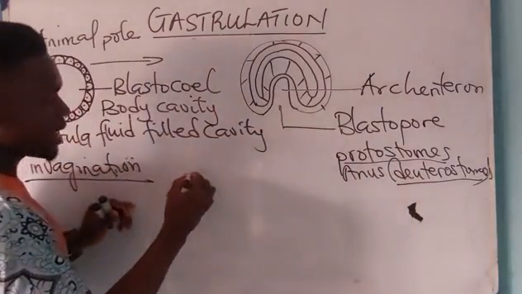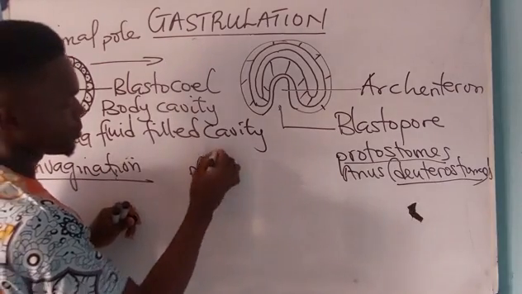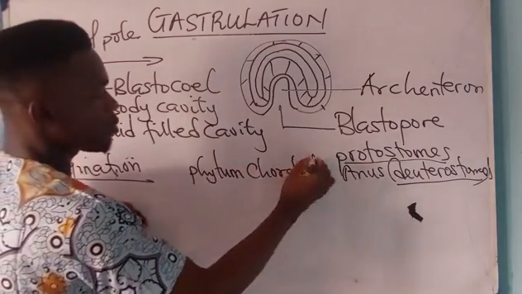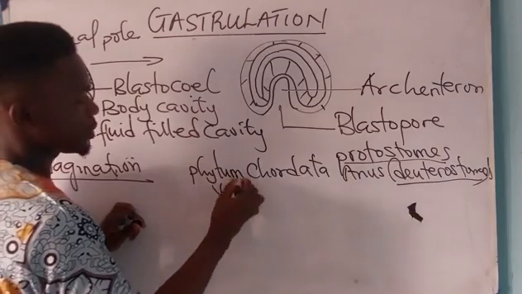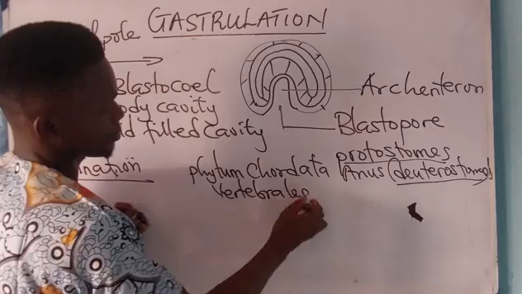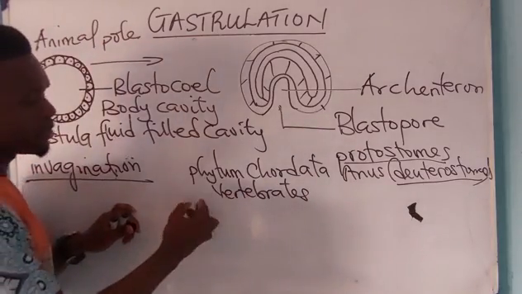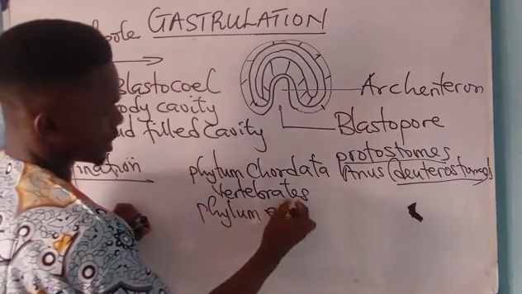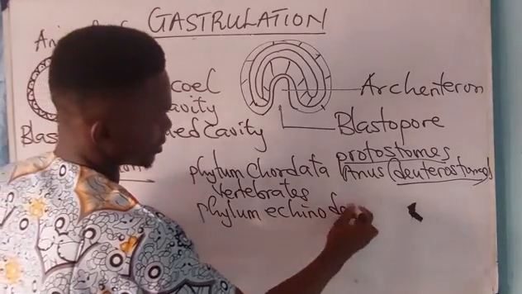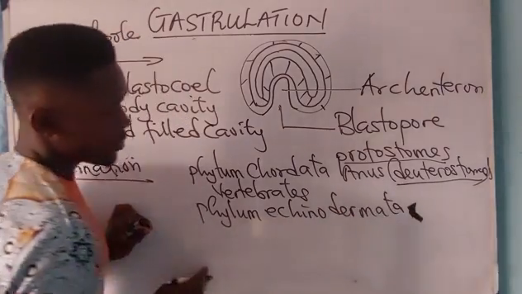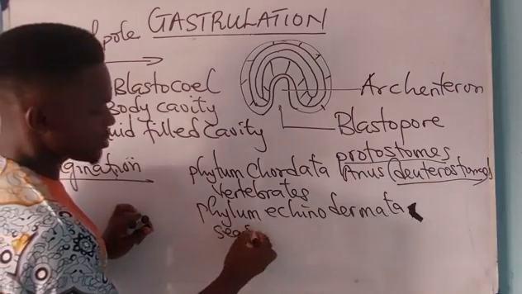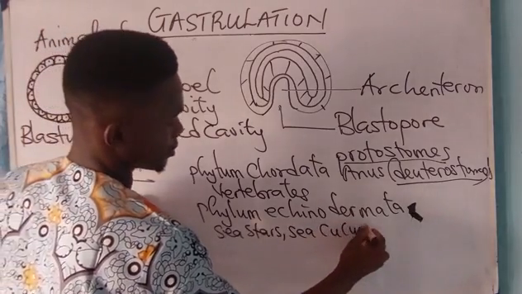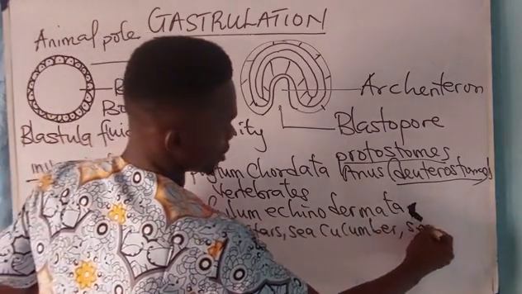We have the phylum Chordata, of course, that is where you have the vertebrates. You also have phylum Echinodermata, where you have the sea stars, the sea cucumbers, the sea urchins.